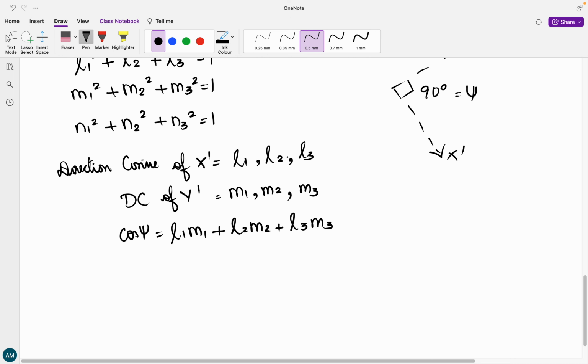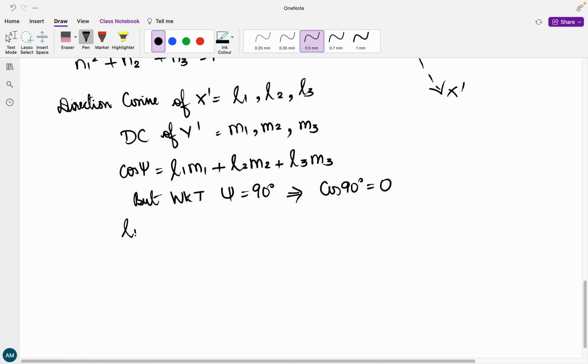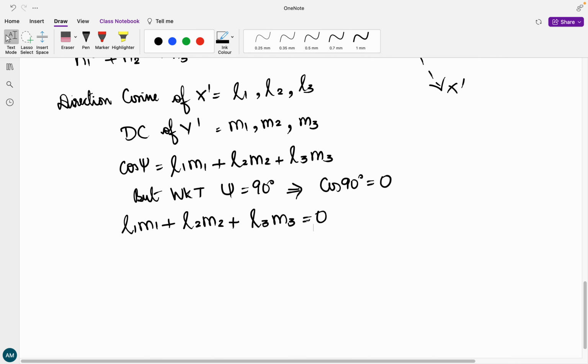Okay, I can write the value of cos psi as L1 M1 plus L2 M2 plus L3 M3. Okay, I've just cross multiplied them with respect to each other, but we know that psi is 90 degrees, or cos 90 is nothing but 0. So L1 M1 plus L2 M2 plus L3 M3 equals 0.